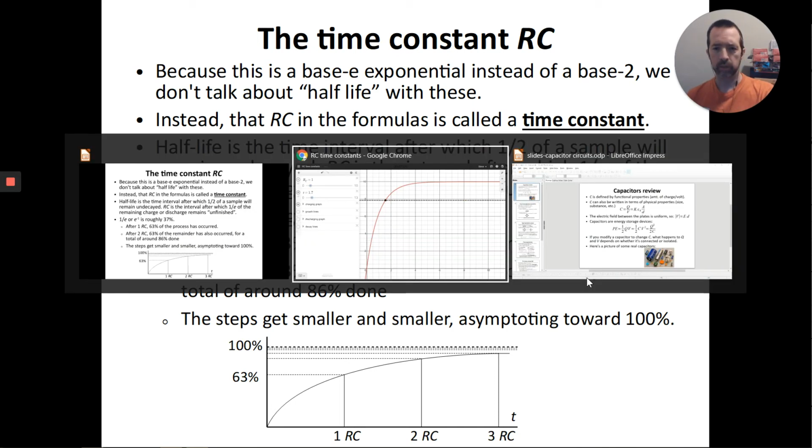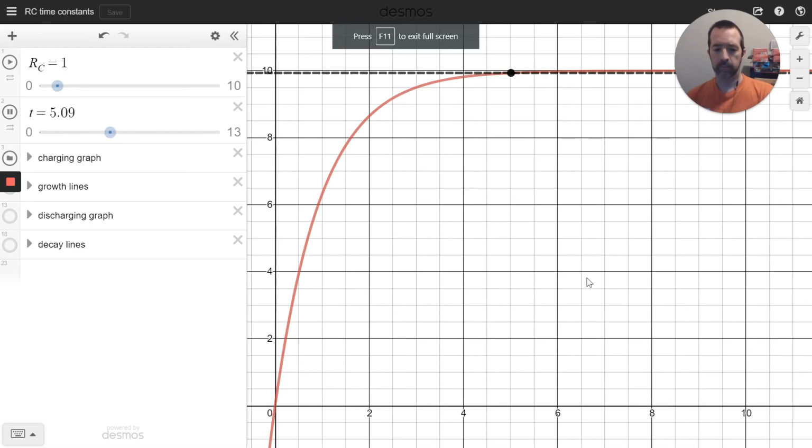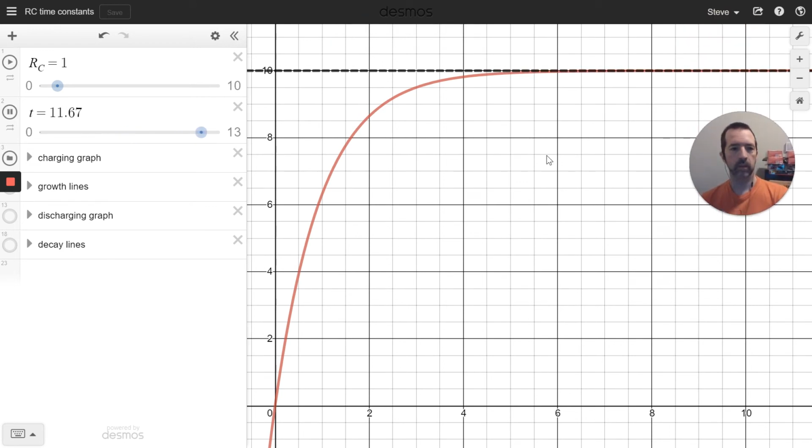So let me play an animation for you of that. Need to move my bubble out of the way. This is the growth curve. I've set the time constant RC to be 1 just for simplicity.